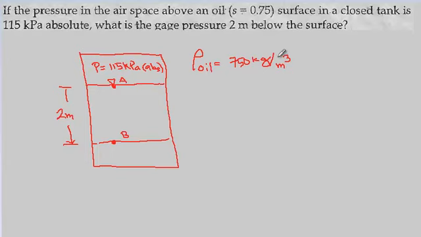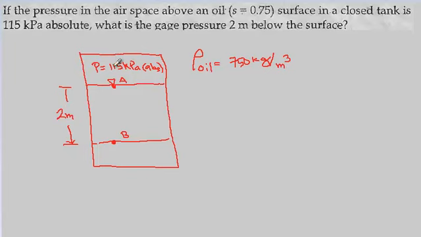Here, there are a lot of ways to solve for PB. But to solve for that, we could just note that the pressure at point A is really equal to the pressure of the air on this part.